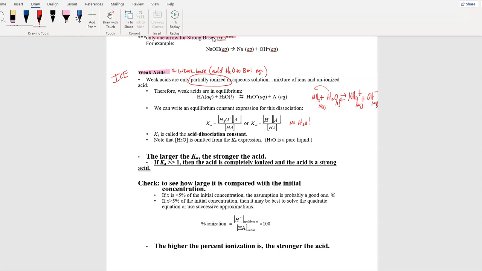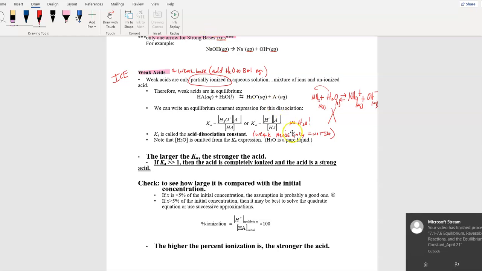And obviously Ka is the acid dissociation constant because you would only have K values for weak acids, okay, not strong acids, because strong acids completely dissociate. We don't write water in the Ka because it's a pure liquid, the concentration stays constant. So when we get to ICE, ladies and gentlemen, if you do put water in it, you would just put an X like that in the ice chart, okay?